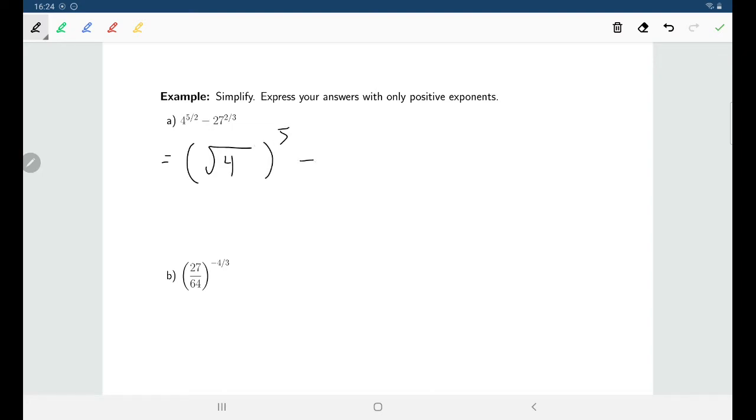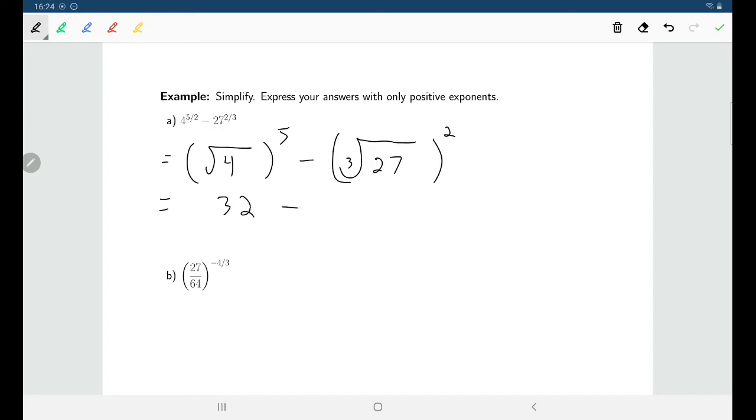For the 27, it's to the power of 2 thirds: the thirds is cube root, and the 2 is the power. So we have the root of 4 to the power of 5. The root of 4 is 2. And if we were to take 2 to the power of 5, that's 2 times 2 times 2 times 2 times 2. That's 32.